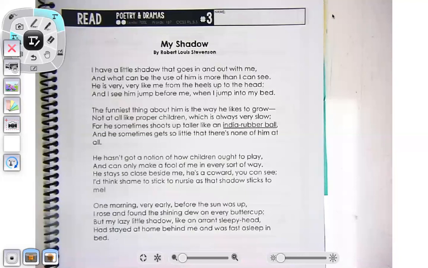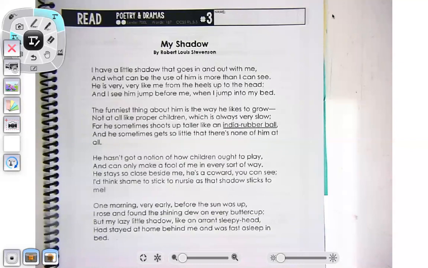I have a little shadow that goes in and out with me, and what can be the use of him is more than I can see. He is very, very like me, from the heels up to the head, and I see him jump before me when I jump into my bed. The funniest thing about him is the way he likes to grow, not at all like proper children, which is always very slow. For he sometimes shoots up taller, like an India rubber ball, and he sometimes gets so small that there's none of him at all.